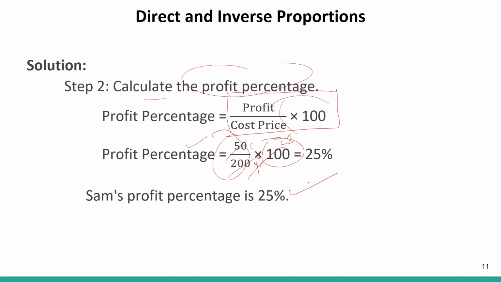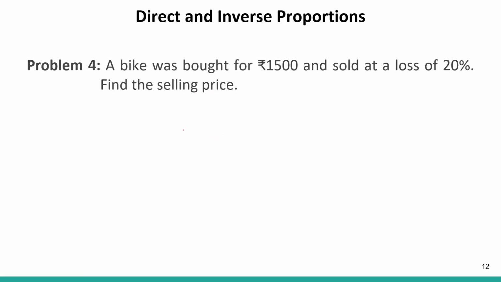So let's go forward with the next question, problem number 4. A bike was bought for 1500 rupees and sold at a loss of 20%.